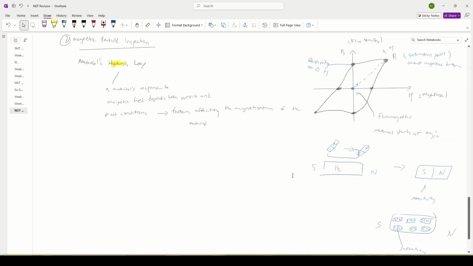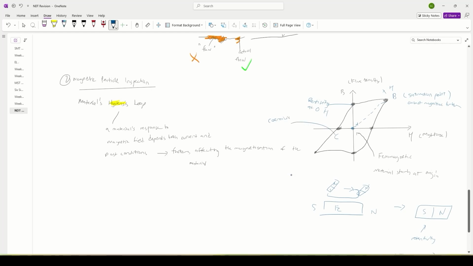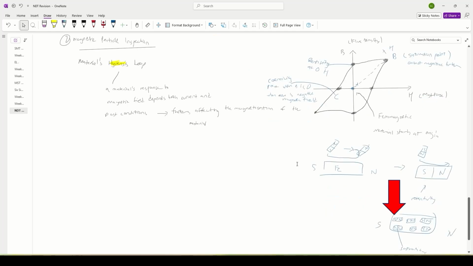Point C, coercivity. Coercivity refers to a point where the B field is 0 when there is a negative magnetic field, meaning you flip the direction of the magnet. So now you flip it north and south. Right here the north would now want to be here. The south is already here.